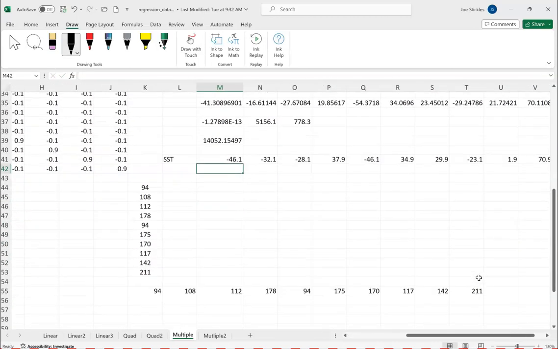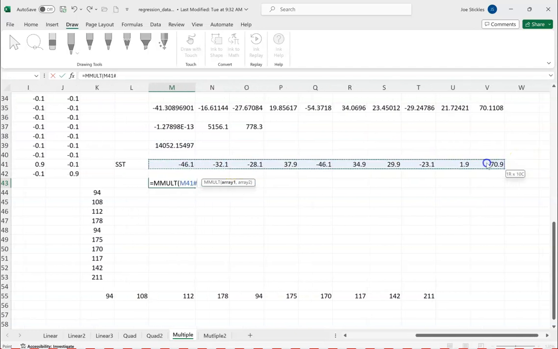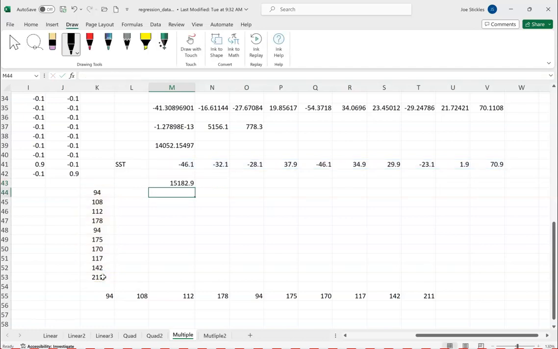What do we do with that? Multiply by the Y's. So that single row times the single column. I copied the Y's down so I didn't have to scroll everywhere, right? Get that. And then finally, to get your R squared, what do we do? Divide that.